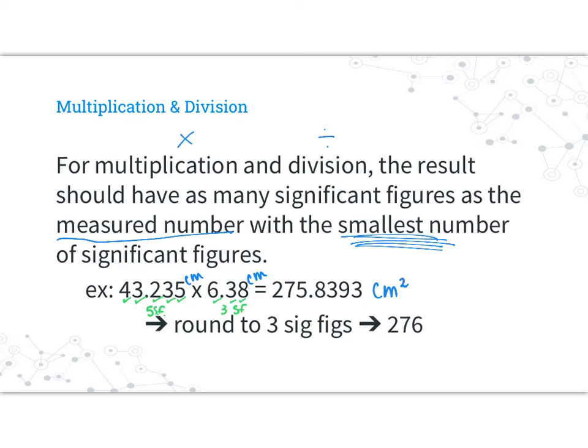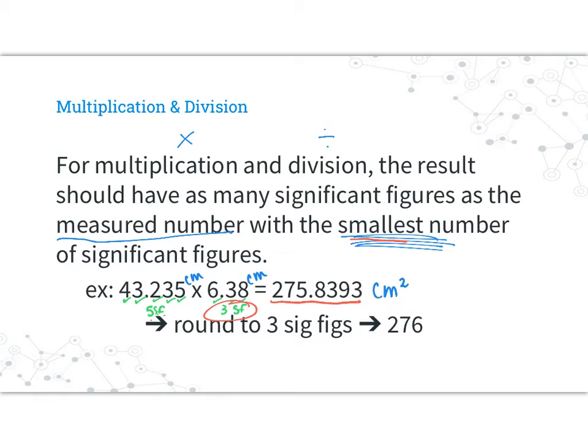So I put this into my calculator, and this is the answer I get. This is my unrounded or my interim answer. Yes, it's the answer, but it doesn't correctly represent our values with significant digits. So what we need to think about is we're going to take the smallest number. So 3 significant figures is smaller than 5 significant figures.